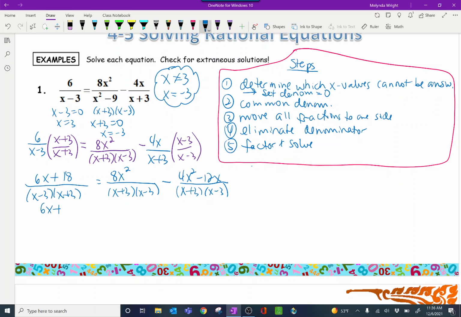So 6x plus 18. Okay, and I'm going to subtract the 8x squared over. This is being subtracted, so I'm going to add the 4x squared minus 12x over. And that's all over our common denominator equals 0. All right. Okay, looks good.